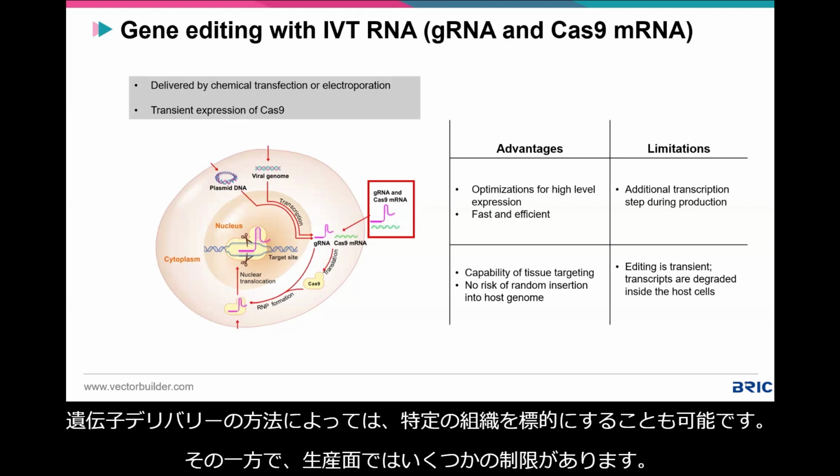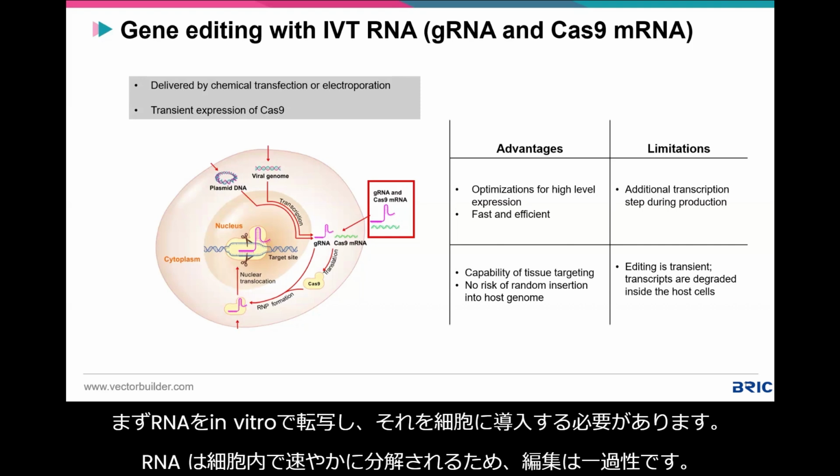On the other side, there are some limitations. On the production side, there is an additional transcription step that you would have to do. You would have to in vitro transcribe the RNA first and then introduce it into the cells. And editing is transient because RNA inside the cell gets degraded quickly.